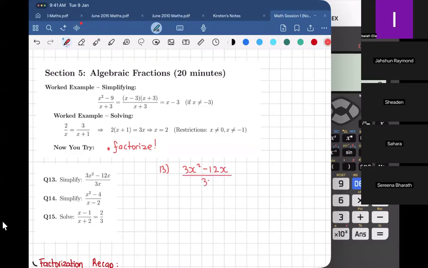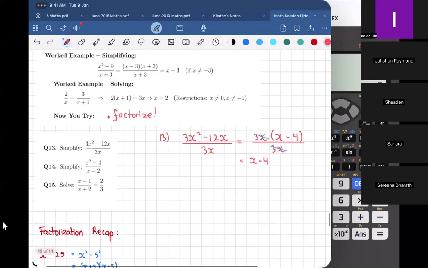You could pull out the 3x, not just the x. What else should you pull out? So I said 3x. Oh, okay, good. You pull out 3x, then on the inside you're going to write x, then x minus what? 4. Cool. All over 3x. The 3x and the 3x cancel off, so we end up with x minus 4 as the answer. Excellent job.